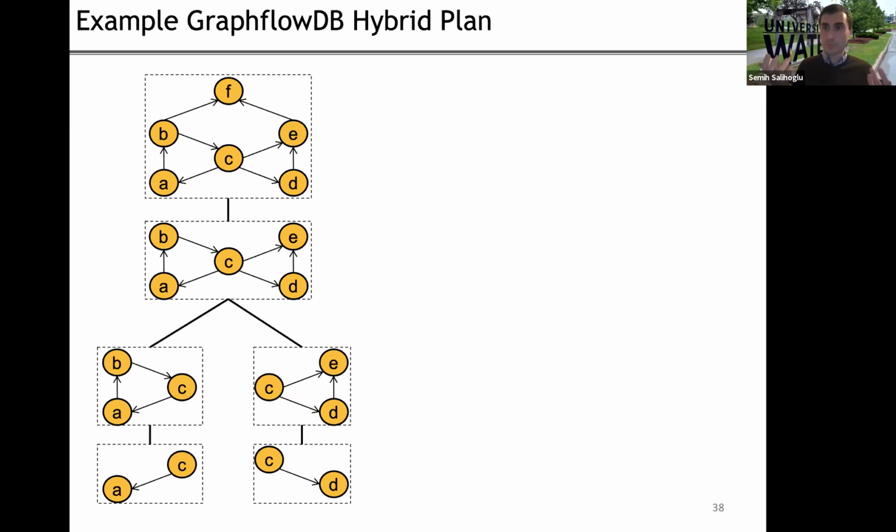The system generates these plans automatically and actually often picks very good algorithms to evaluate complex subgraph queries, where on the left and right, we first find the ABC and CED triangles using worst case optimal join type intersection-based joins. Then we perform a binary join, followed again by another worst case optimal type intersection-based join algorithm. So we are seamlessly able to mix and generate these interesting join algorithms all together.